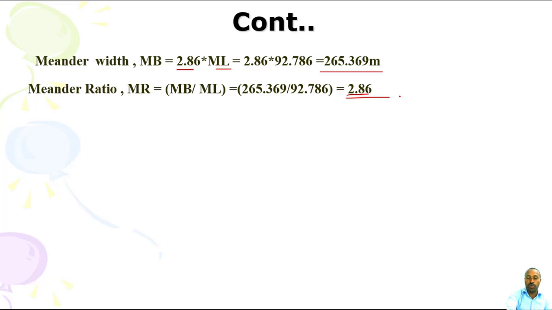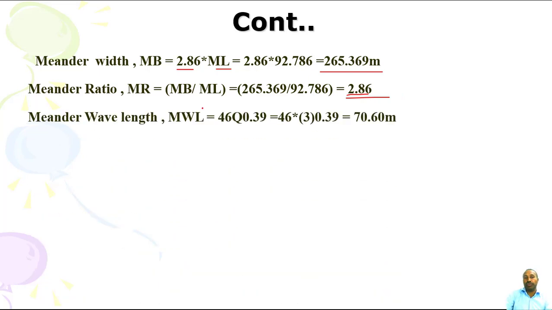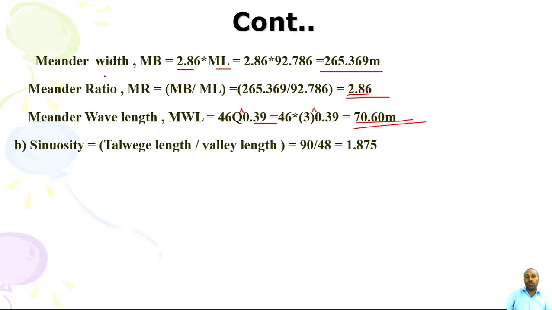The meander ratio, meander width divided by meander length, is 2.86. Then the meander wavelength is 46 times Q to the power of 0.39, which gives 70.6. This is the meander wavelength. Sinuosity is thalweg length divided by valley length, which gives 1.875.